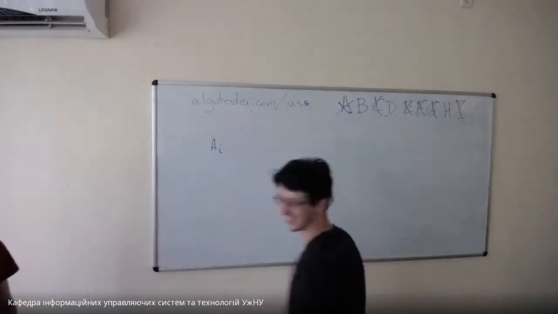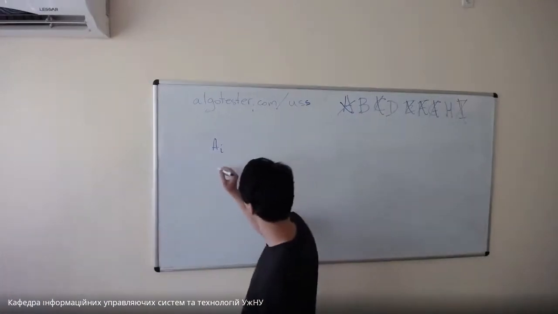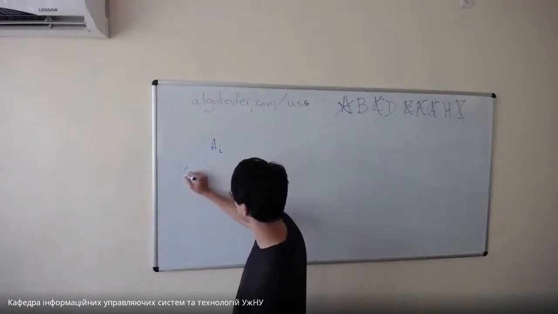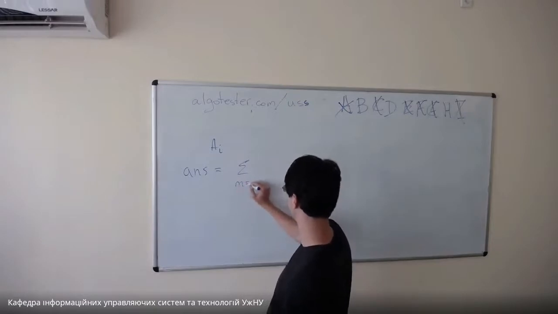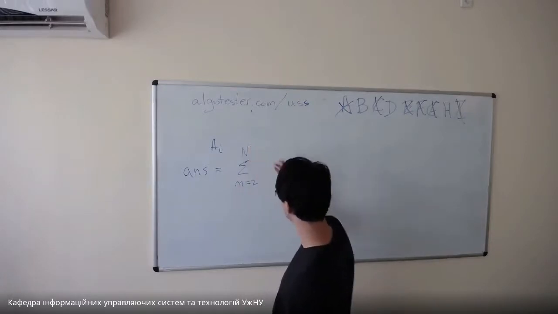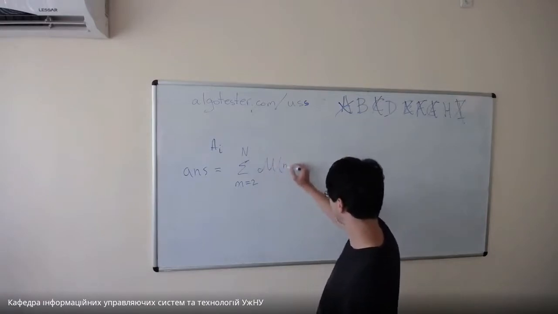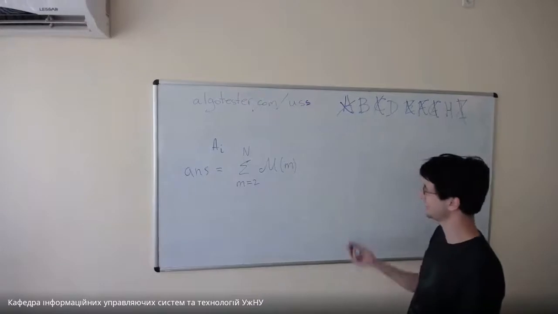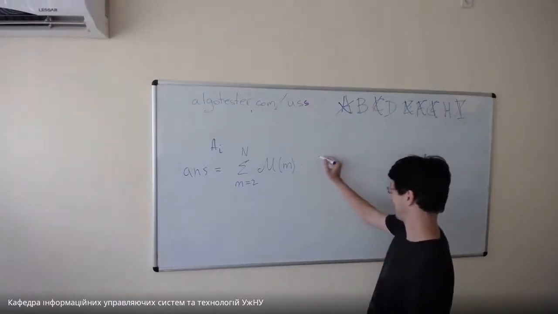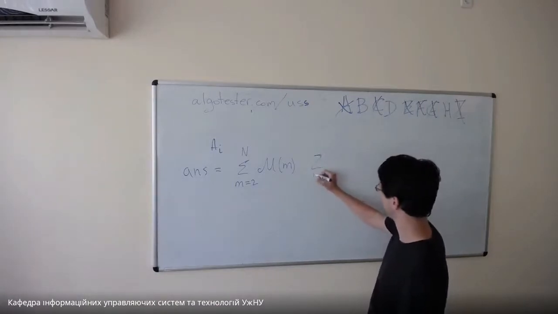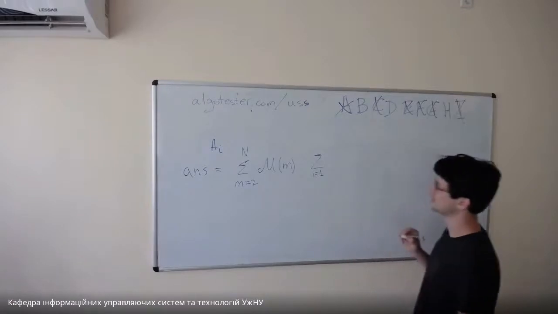Okay. In short, the answer will be equal to a sum over m from 2 to n of a function of values multiplied by a sum over i from 1 to, oh, okay.